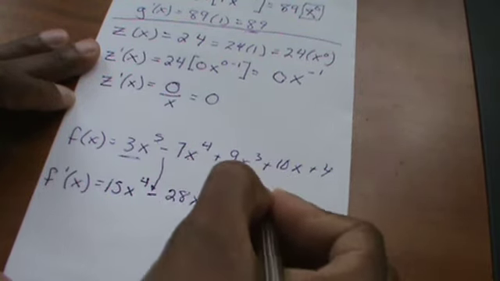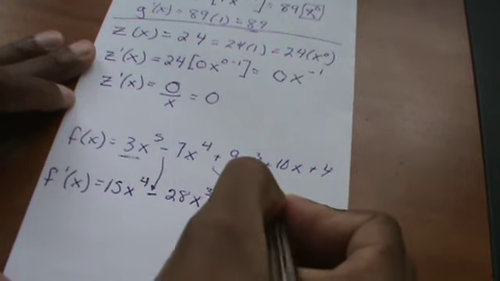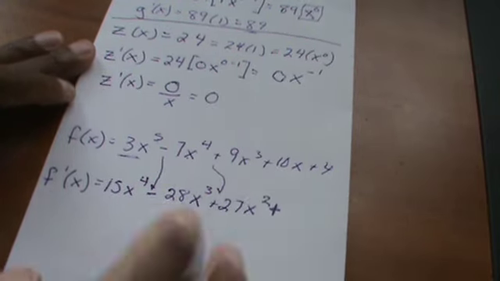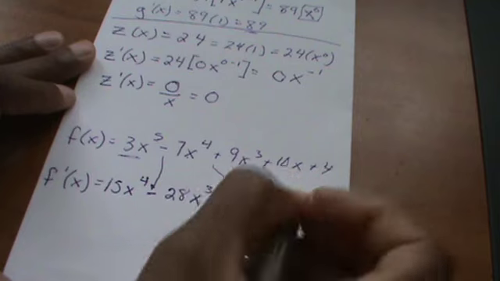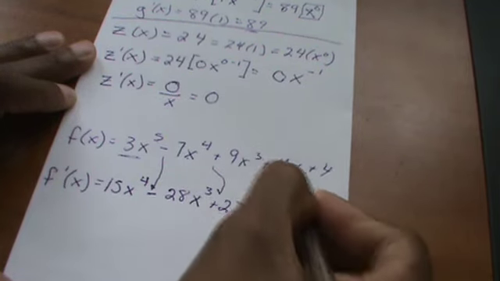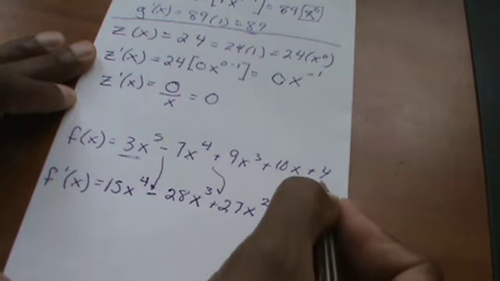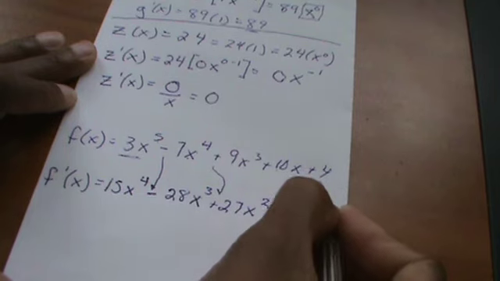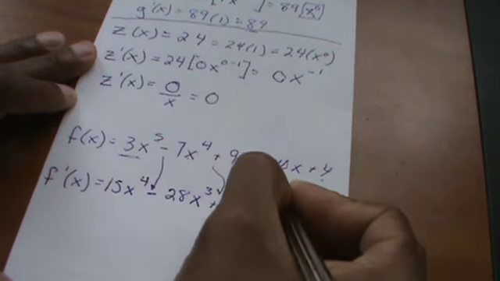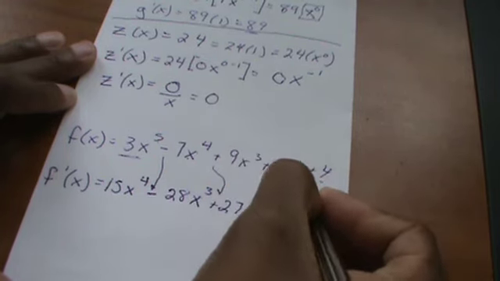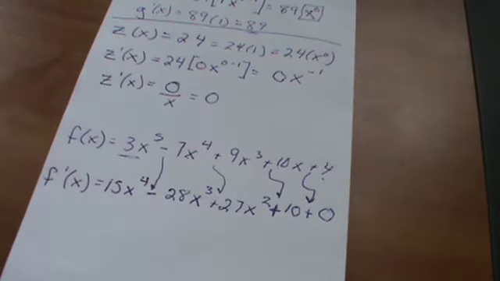I'll subtract 1 and get a 2. Plus, okay, here's one of those rules you should memorize. A number times a variable will just give me the number. And then the last one is just a number by itself, which gives me 0. And I'm done. That's the entire process. Okay, again, these are the easy derivatives. Don't require any initial rewrites.